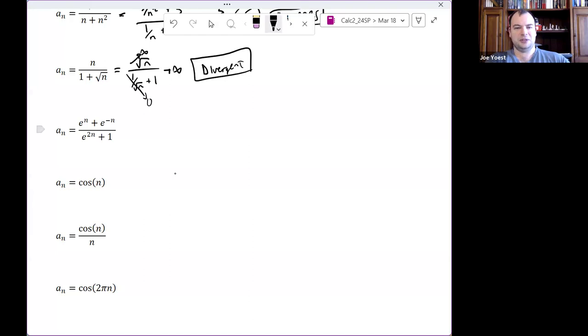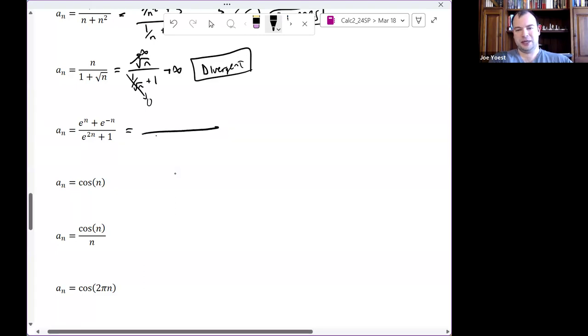Okay, what about this example down here? I have a_n equals e to the n plus e to the negative n over e to the 2n plus 1. So maybe I'll start by dividing through by e to the 2n. That's the highest power of e that I see.